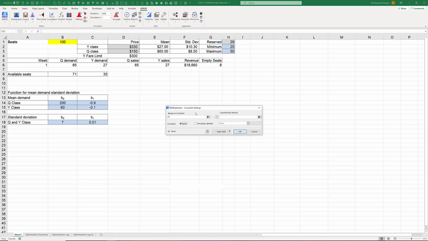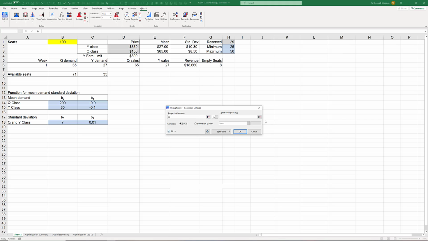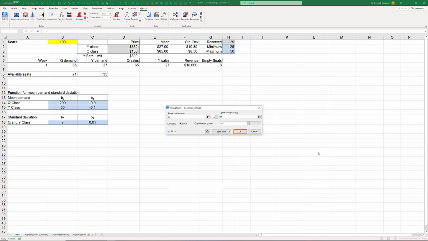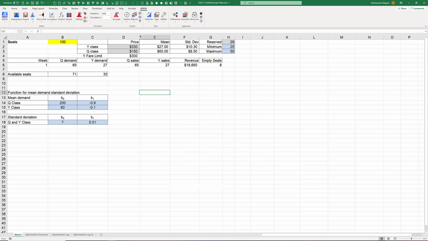Here it is: Y class price less than or equal to Y fair limit. Click OK. Click OK. And start.